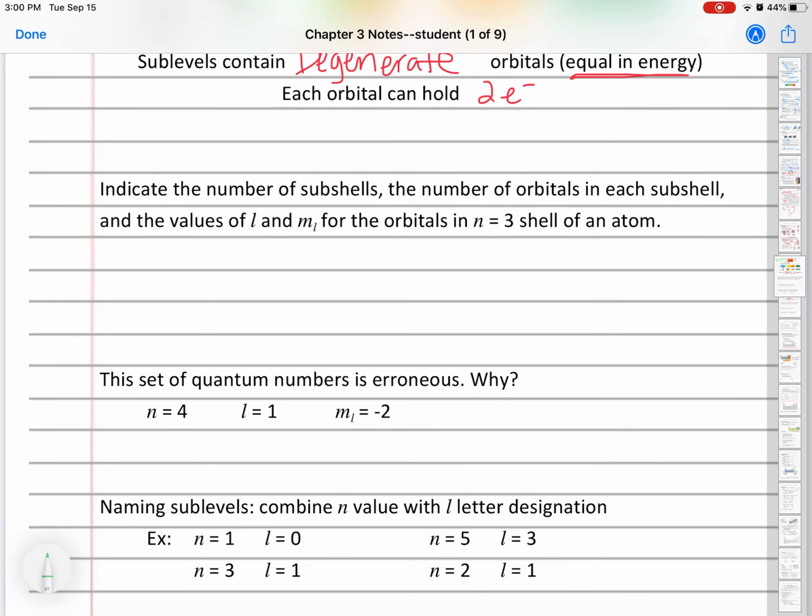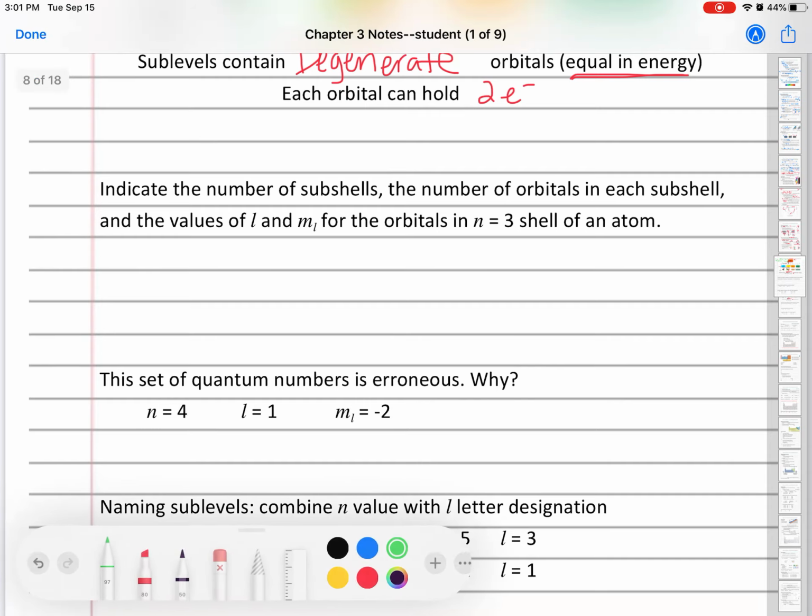So you could have problems like that, and we'll practice some throughout the lecture. Other types of practice problems we can do. This first one: indicate the number of subshells, the number of orbitals in each subshell, and the values of L and m sub L for orbitals in the n equals 3 energy level of an atom. Shell and energy level are kind of synonymous.